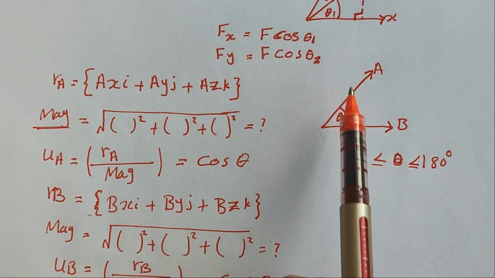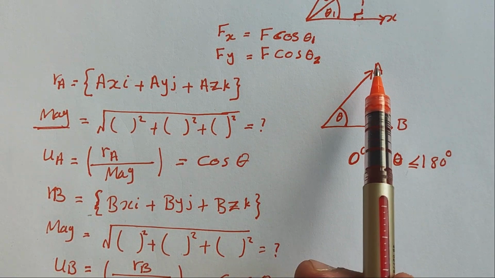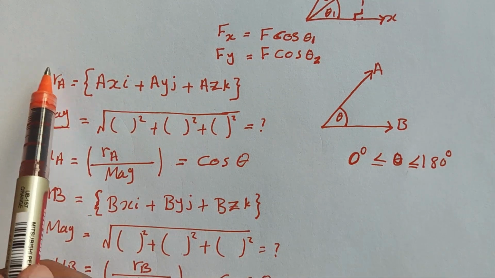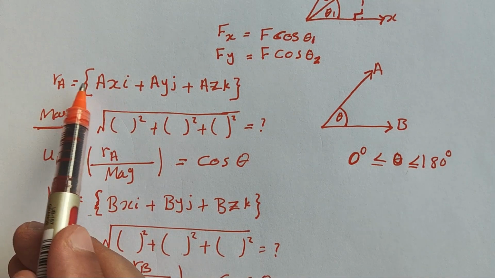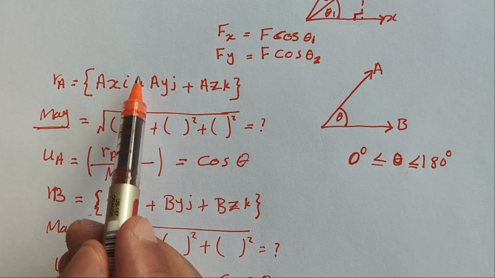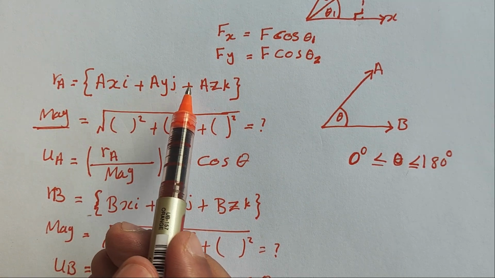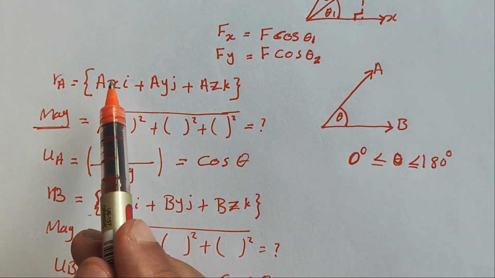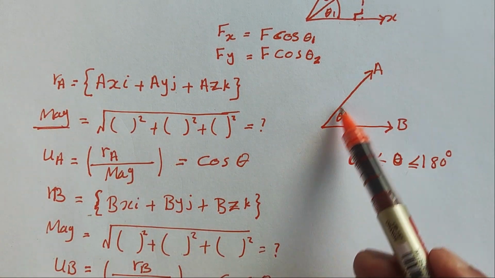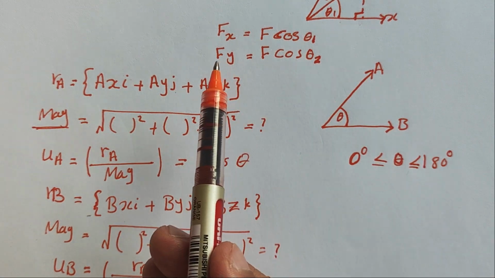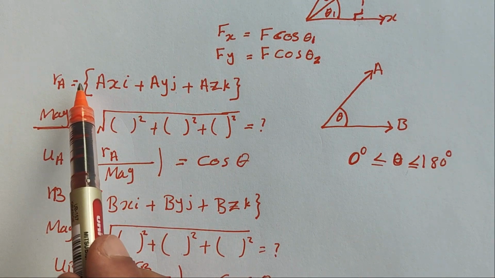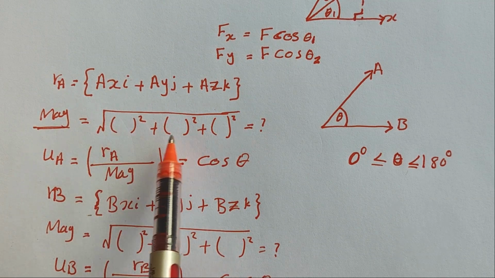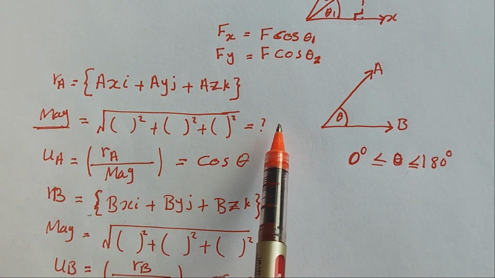Now, if we try to represent vector A in three-dimensional space, the position vector A equals AX i plus AY j plus AZ k, and this is the Cartesian form of the vector A. To find the magnitude of that position vector, the magnitude is always equal to the square root of the sum of the squares of these components.